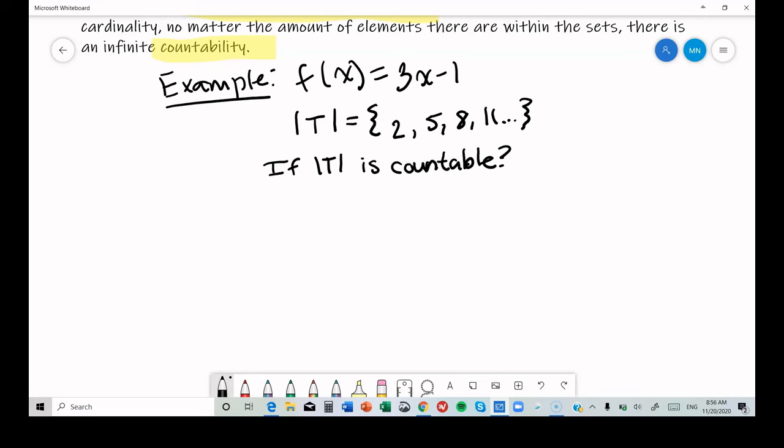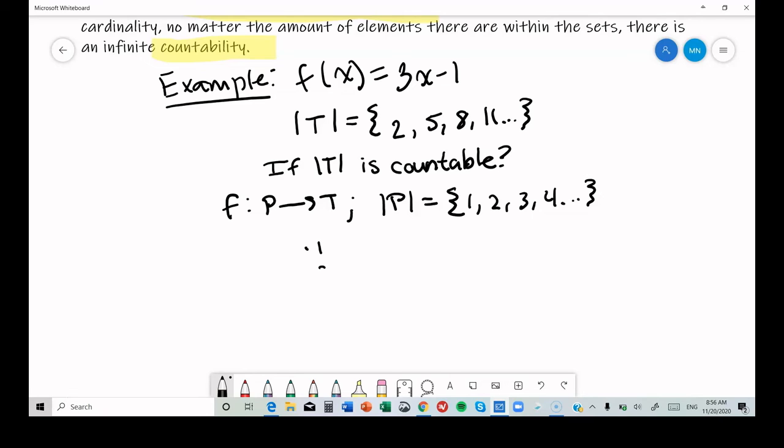Well, let's give examples to see if there's a mapping. So let's say we have another set defined in f that we call P, and see if P maps to T. In this case, P is going to equal 1, 2, 3, 4, and so on and so forth.